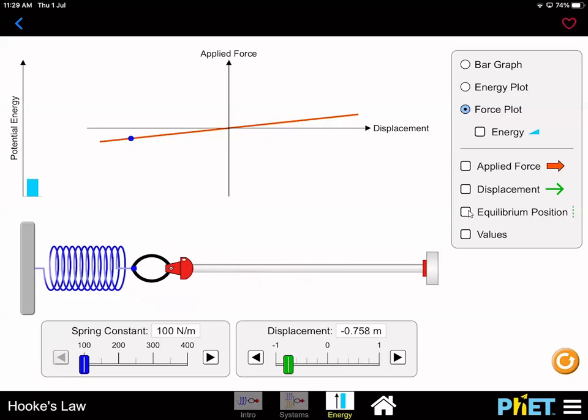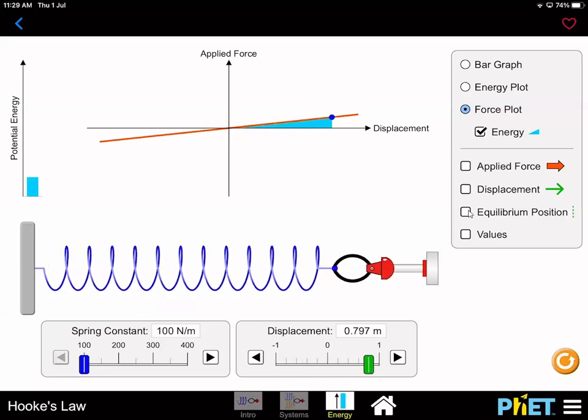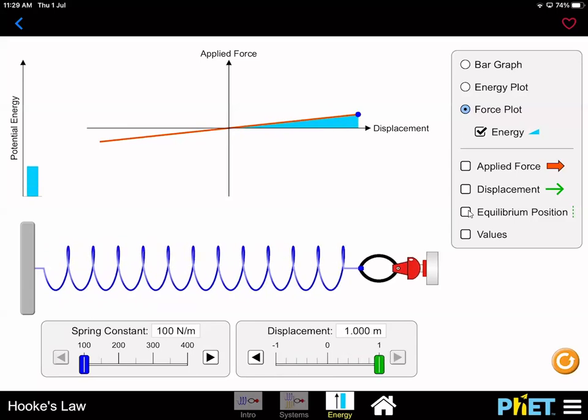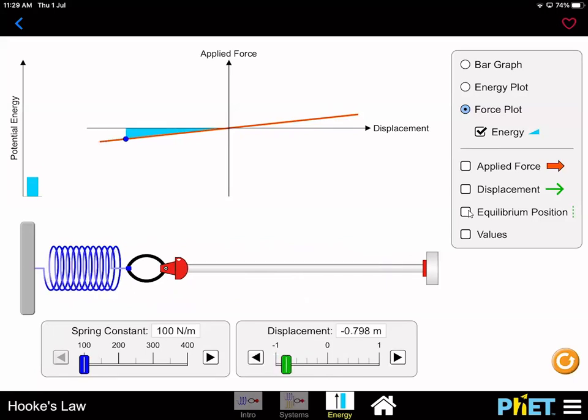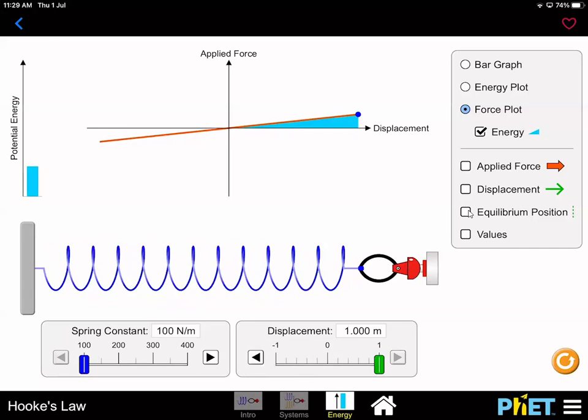Yeah, so if you took the area under that graph, the area under that graph there is exactly the same as the area under the graph over there. So not negative energy, but negative extension or negative compression, and then positive extension. And the interesting thing is it's symmetrical.